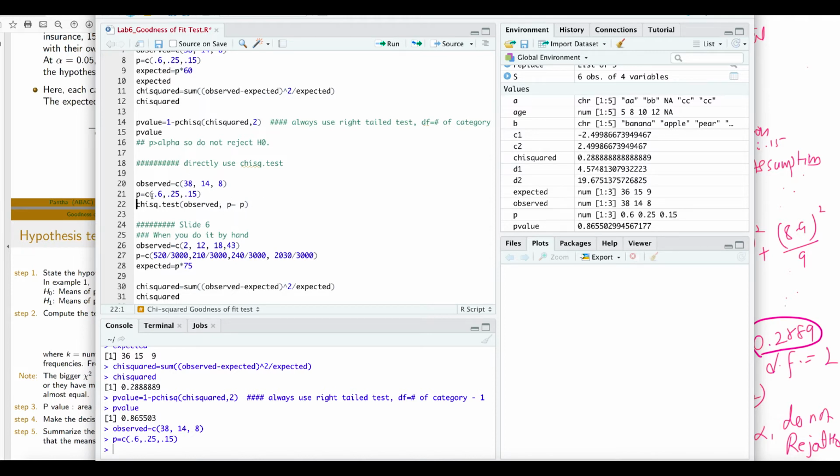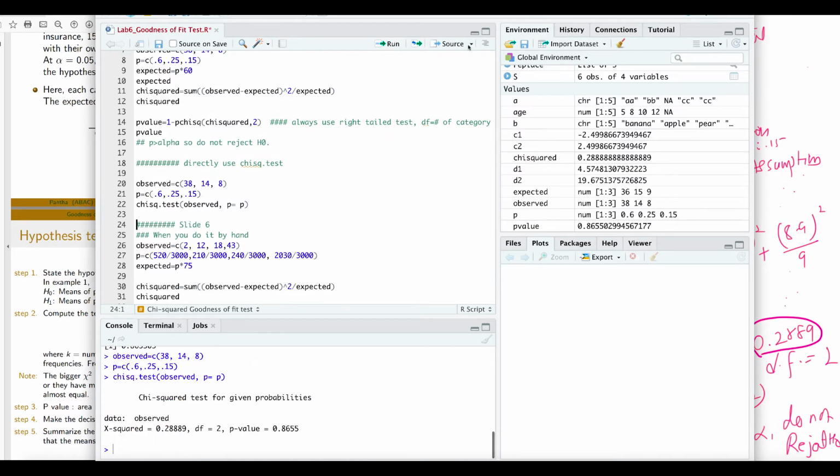So you need the probability for the expected, and the observed data. If you do that, you see the test value, the chi-squared value, is 0.2889, and the degrees of freedom is 2. The p-value is 0.8655. So the p-value is greater than alpha, so we do not reject the null hypothesis.